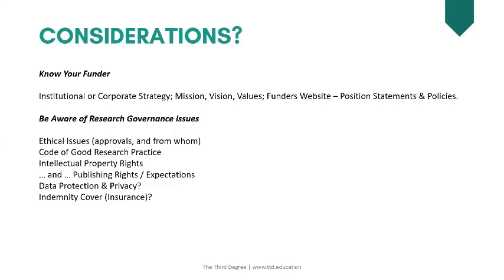So if there's going to be a double up, you've got to be confident that the organization offering you funds is not going to be causing problems about the ethics approval for you to go and do research. They might say, oh no, we want it done a certain way and we'll approve it.